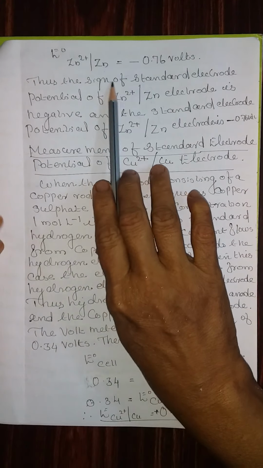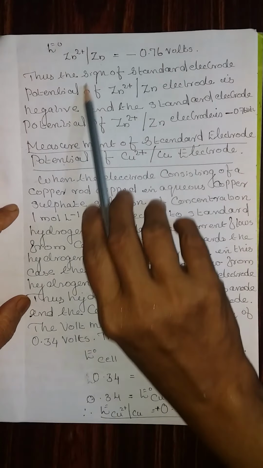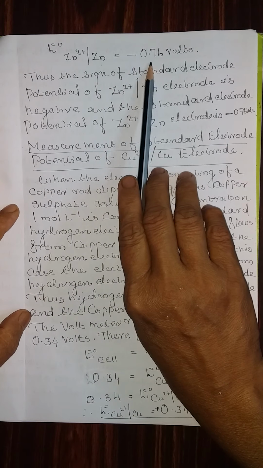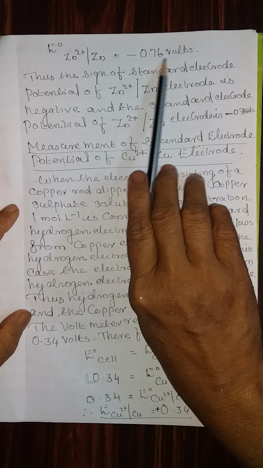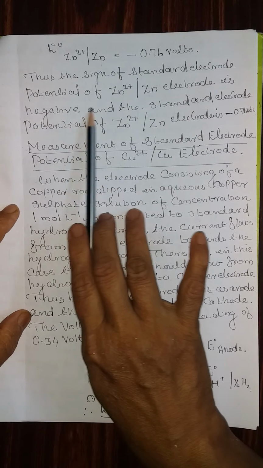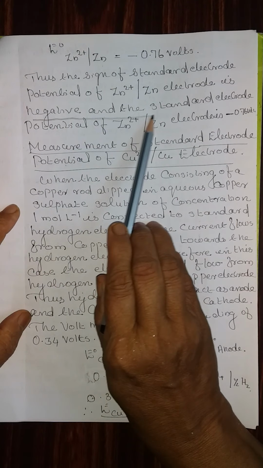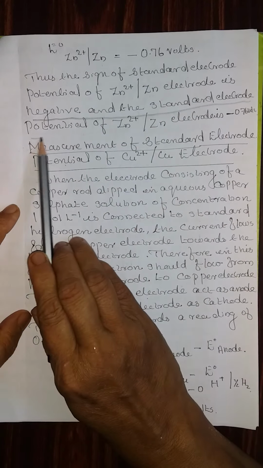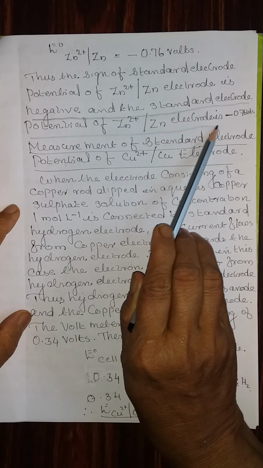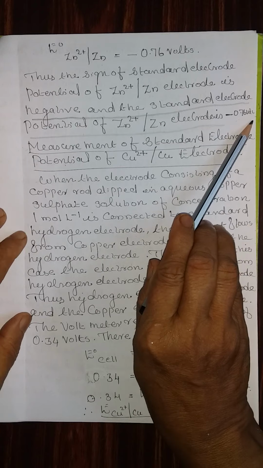Since the hydrogen electrode has the value 0, the standard electrode potential of the zinc electrode is minus 0.76 volts. Thus the sign of the standard electrode potential of the zinc electrode is negative, and the standard electrode potential of zinc is minus 0.76 volts.